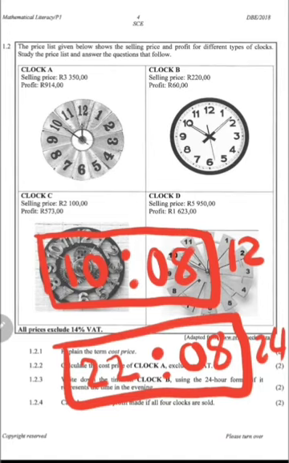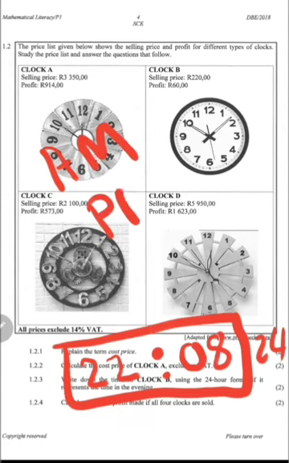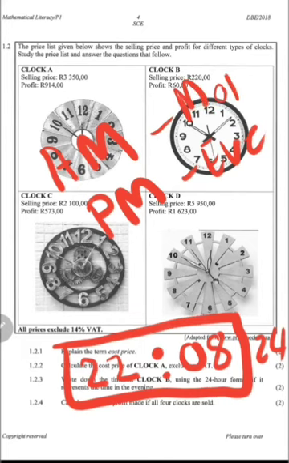Where the difference comes in, you will get AM, which is your morning time, and then you get PM, which is the evening. Depending on how the question asks us, we want it in the evening time. Evening time, you will always have more than 19. So it will be 19 or 20, 21, 22, 23.